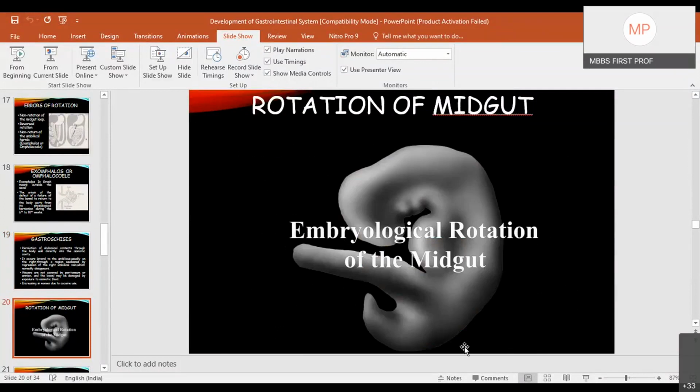I'll show you a video how this rotation of the midgut is taking place.